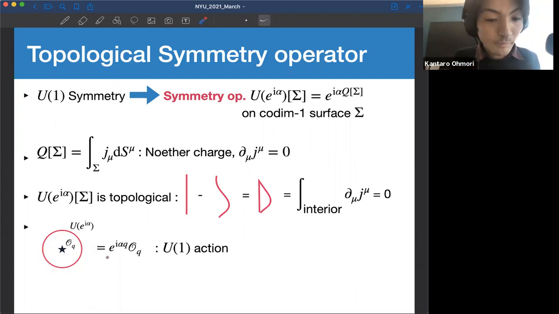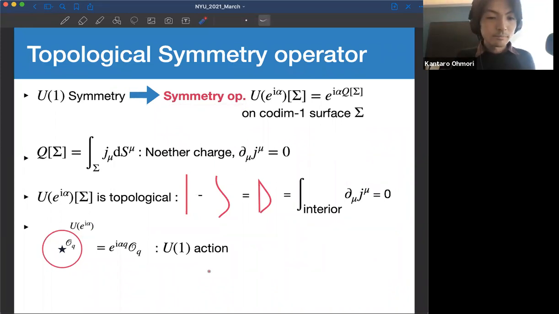But that gives just a phase. This phase is nothing but the U(1) action of this phase acting on the local operator with charge Q. So enclosing the local operator with the surface realizes the symmetry action on that operator. That is the characterization of this symmetry operator.